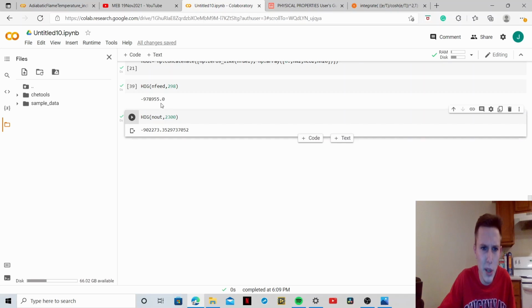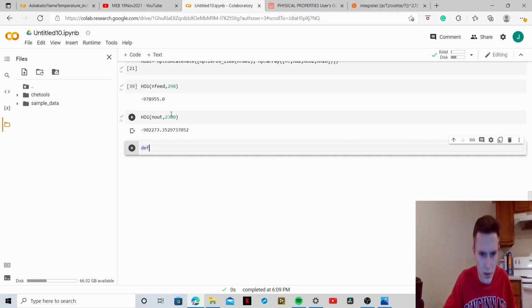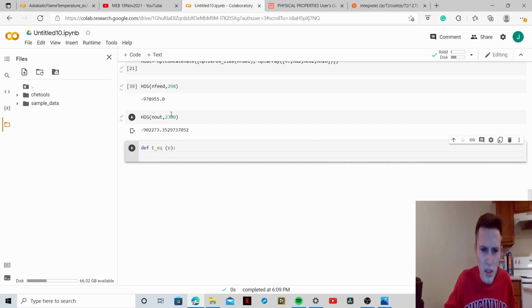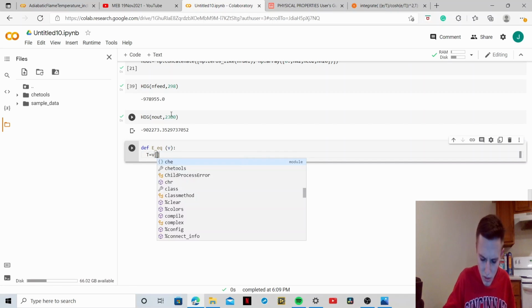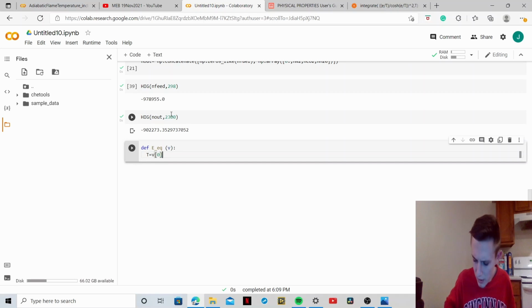So we can go down here and define a function called the energy equation, or just E equation, in parentheses of V. And then we're going to define T as V of 0.